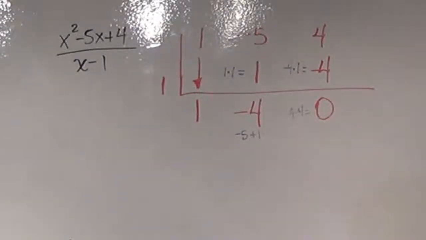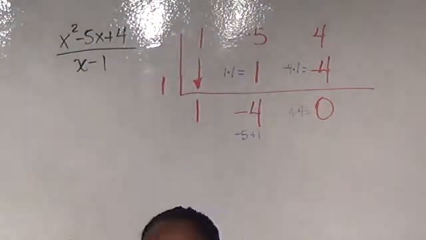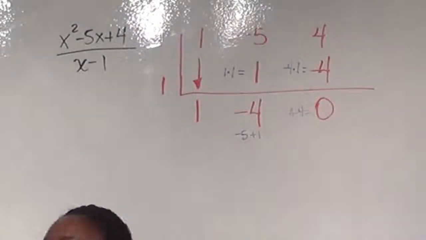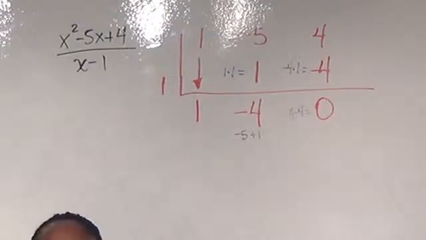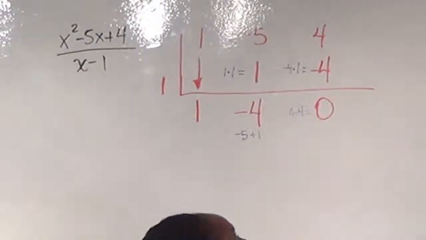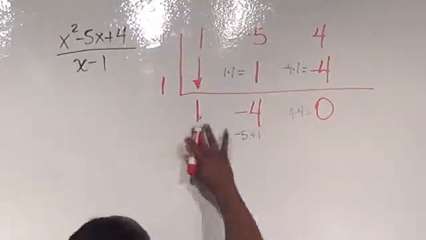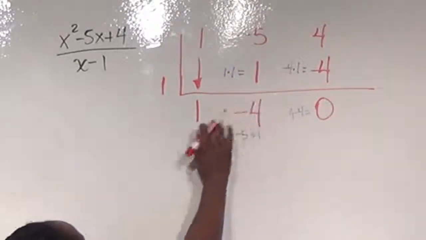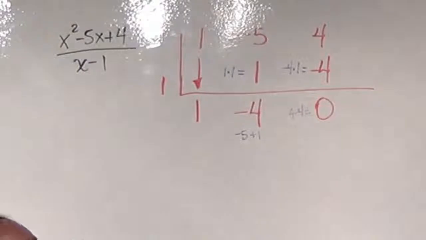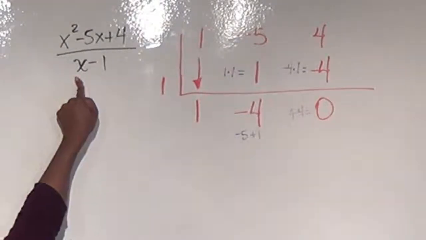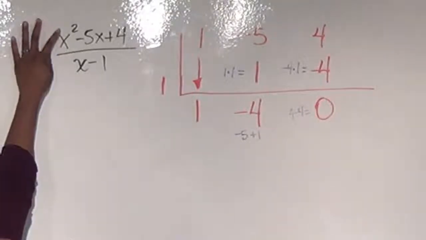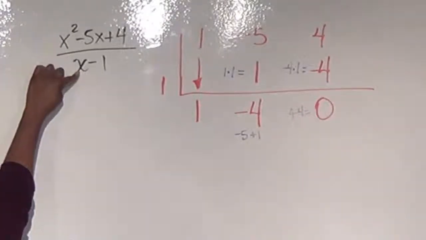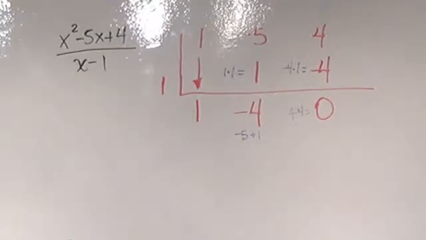Now, just like before, what this is telling us is it gives us our quotient and remainder. But more importantly, if that last term is a 0, that tells me something special about that division. So in this case, my quotient, again, this is the coefficients of my quotient. These are always going to have degree 1 less than the polynomial I started with, because I'm dividing out by a linear factor. So if I start with a square and divide out by a factor of 1, it's going to go down to a factor of 1.